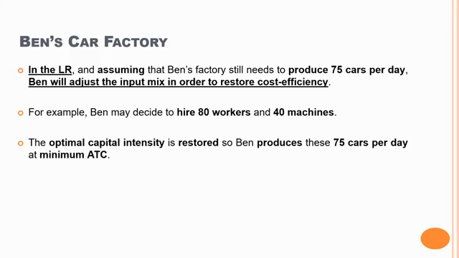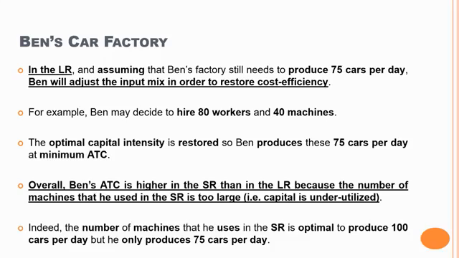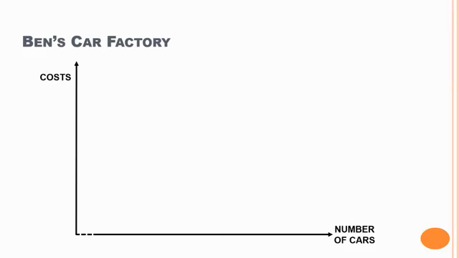If it sounds a bit difficult, we're going to have a look at the diagram in a minute to see how we can represent what has happened. So overall, Ben's ATC is higher in the short run than in the long run, because the number of machines that he used in the short run was too large to produce 75 cars. Capital was underutilized. Indeed, the number of machines that he uses in the short run is optimal to produce 100 cars, but not 75. Okay, let's have a look at the diagram.